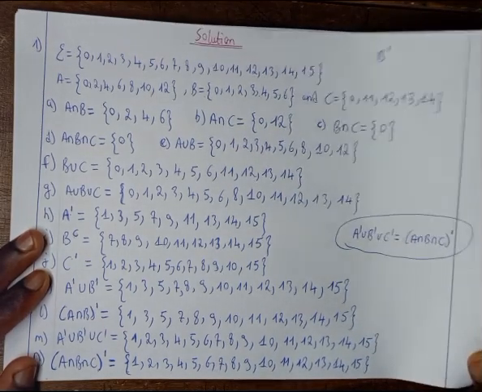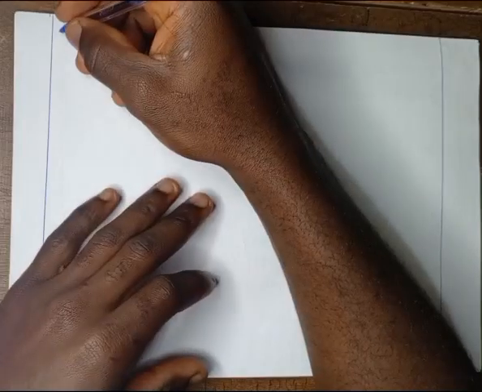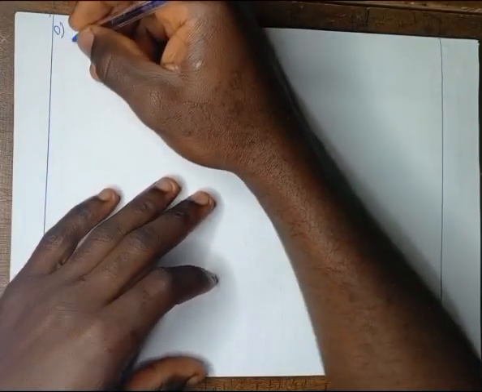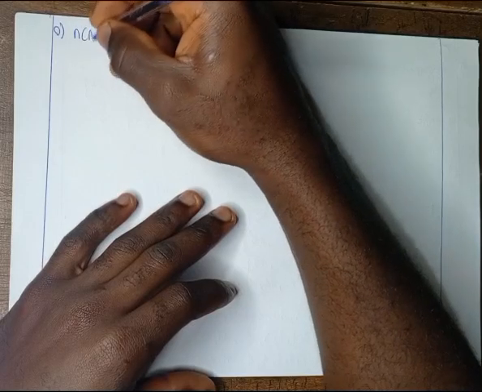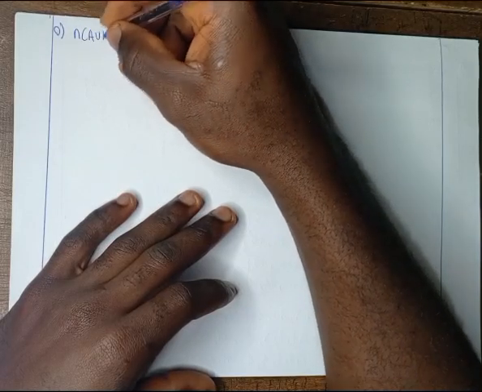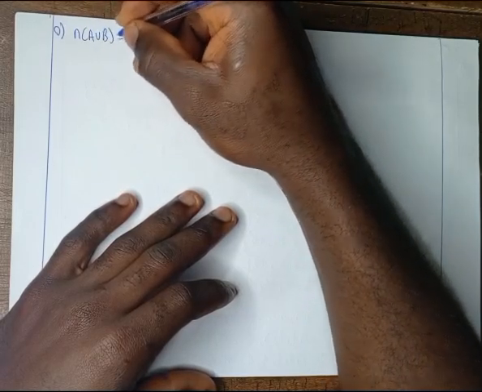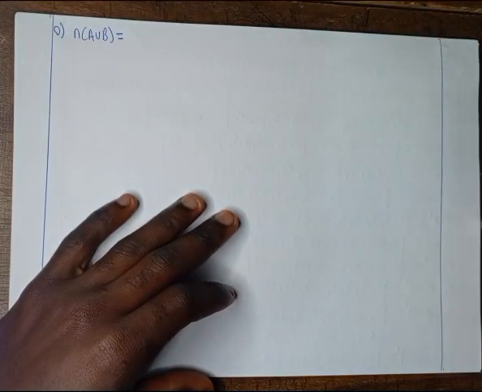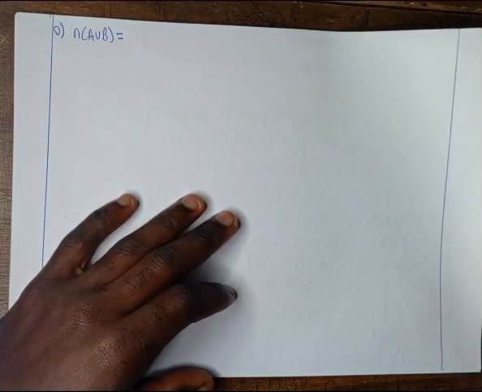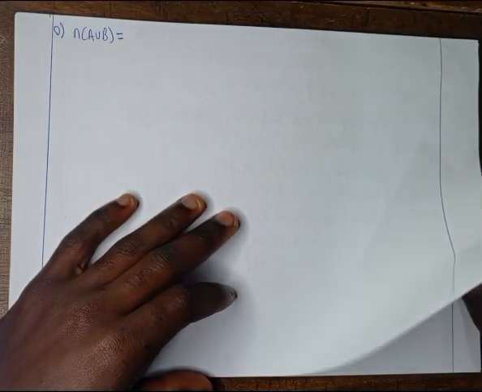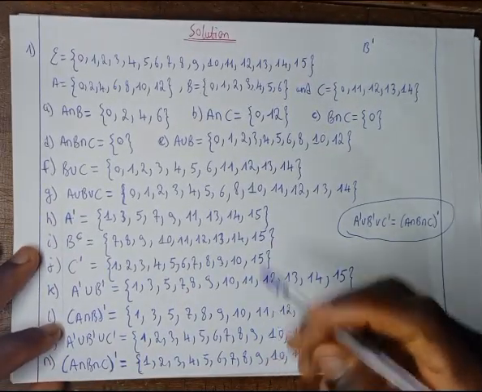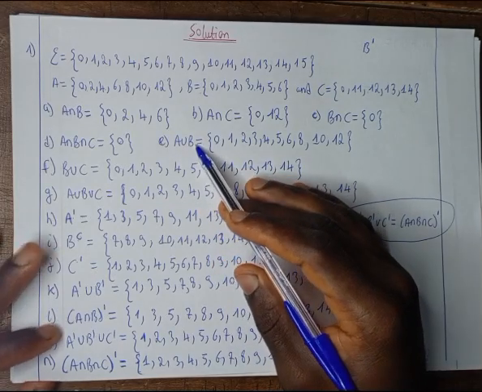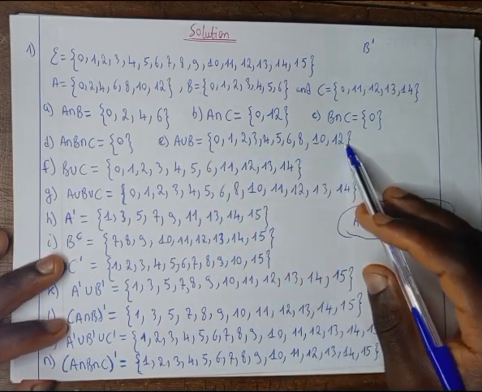We move now to the next question. O. Question O, we have to write the cardinality of the set A union B. That means we have to count the number of elements in the set A union B. So let's look at the set A union B. This is the set A union B. We are going to count the number of elements in this set.